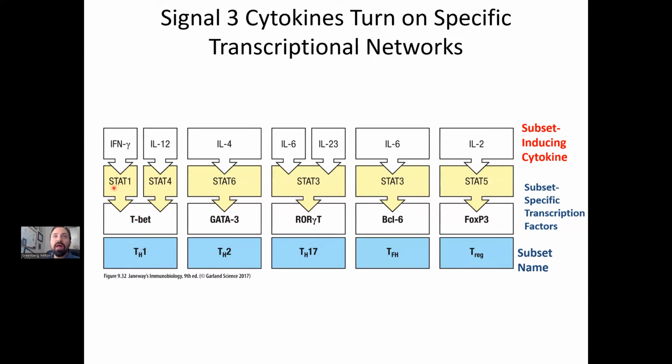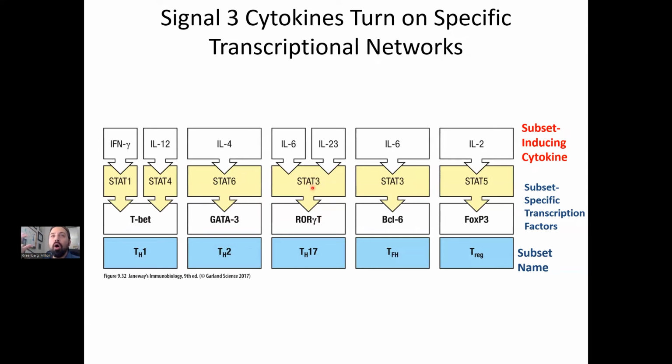For example, activation of STATs will help turn on other transcription factors like T-bet, and then T-bet will really turbocharge that T cell to make a lot of interferon. STAT6 will turn on other things like GATA3, and then GATA3 will help that T cell make a lot of interleukin-4. IL-17 is going to be turned on by STAT3.